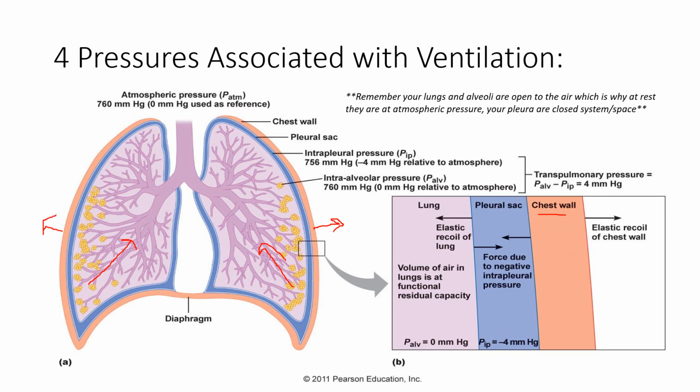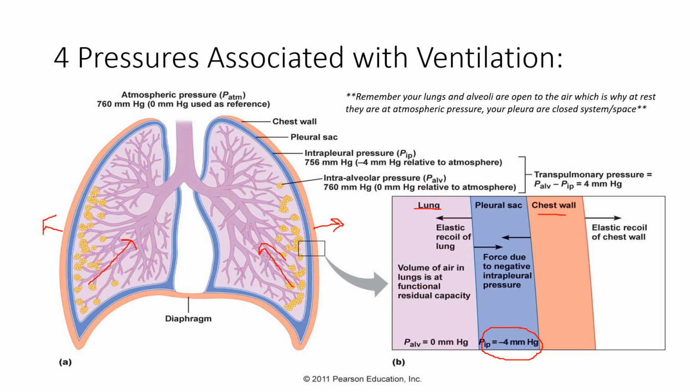The balance of these forces creates this negative pressure in the pleural space, this -4. These forces are at equilibrium, lung and chest wall balanced, creating negative pressure in the pleural space, which helps keep the lungs inflated.